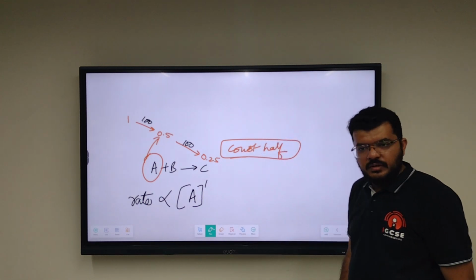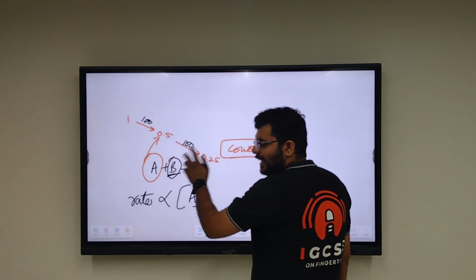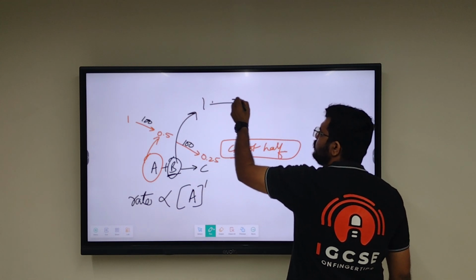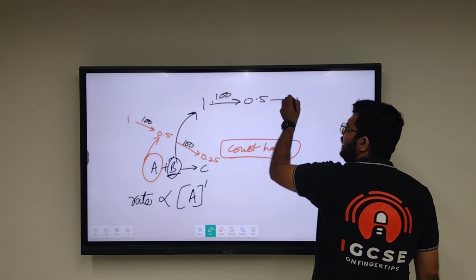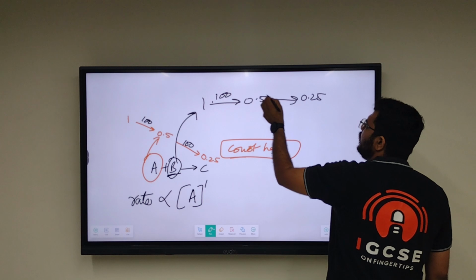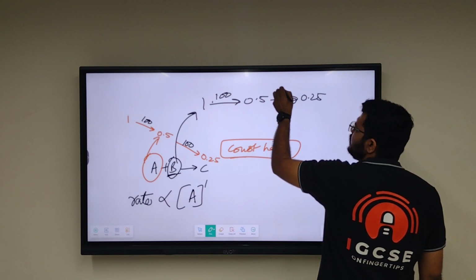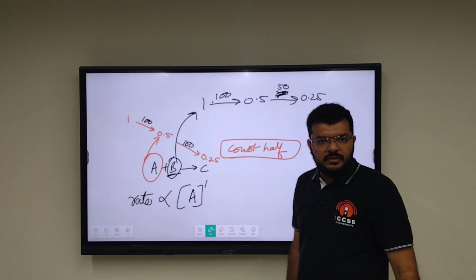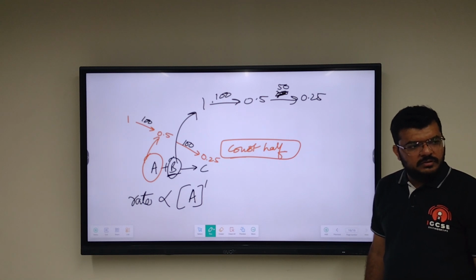Let's say going from 1 to 0.5 takes 100 seconds, going from 0.5 to 0.25 takes, let's say, 50 seconds. Then what has happened? Your half-life has reduced to around half.